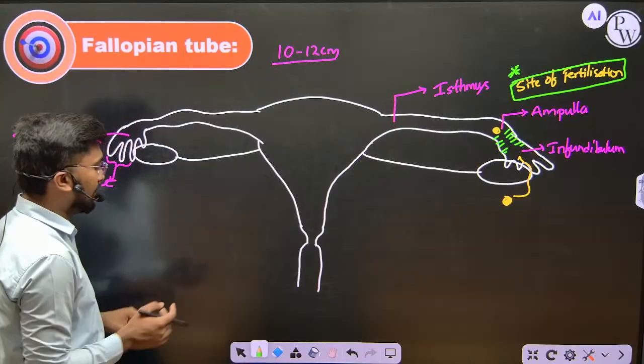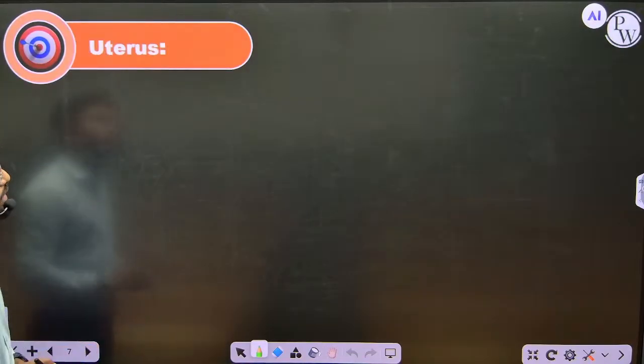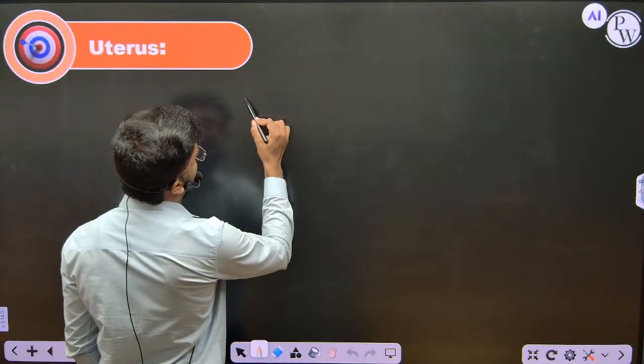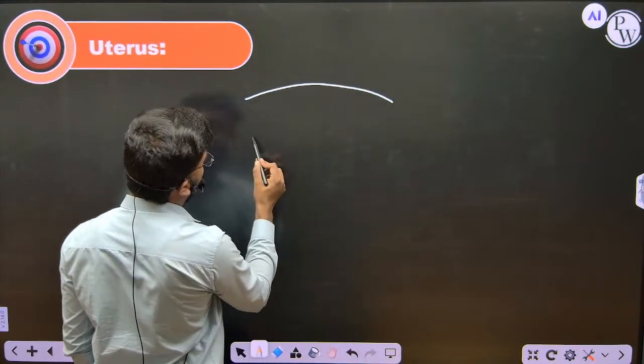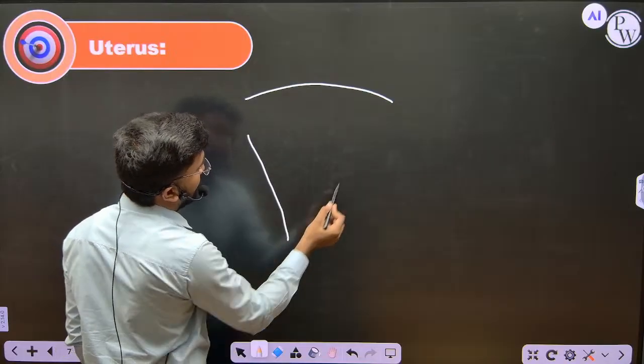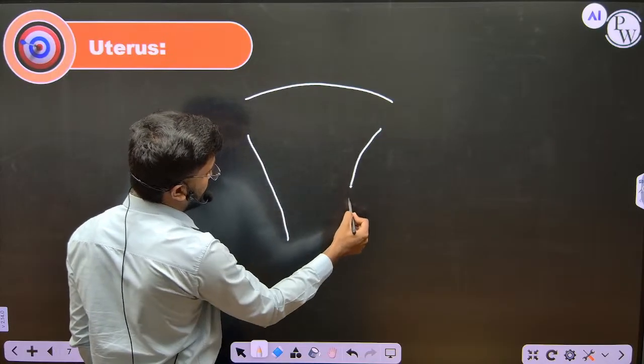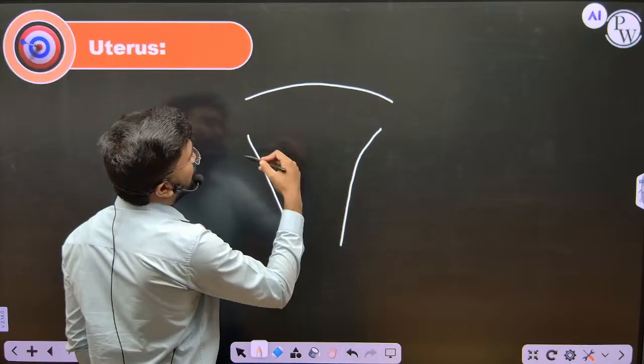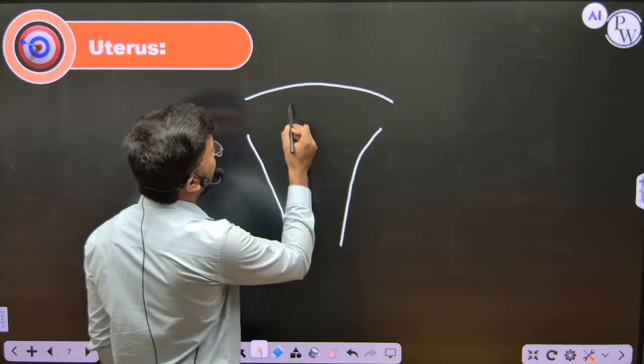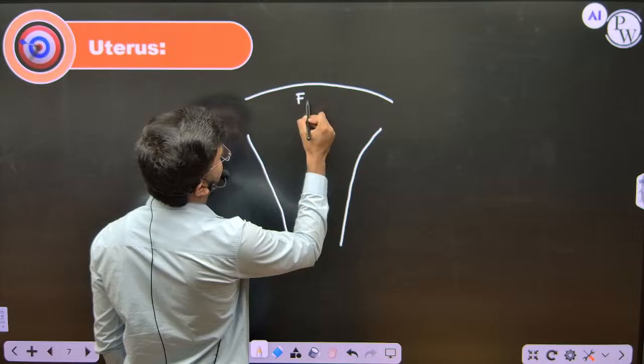Next part is the uterus. If you take the uterus, this is the outer layer and this is the outer layer. This area is called the fundus.